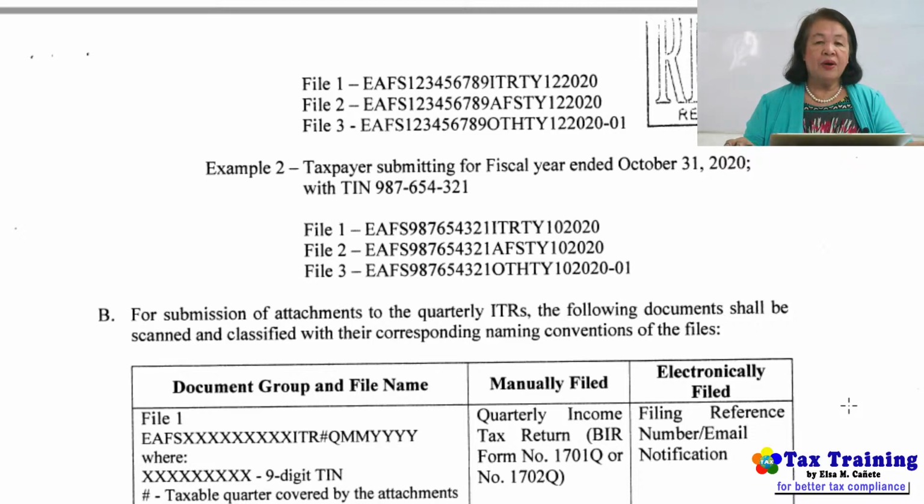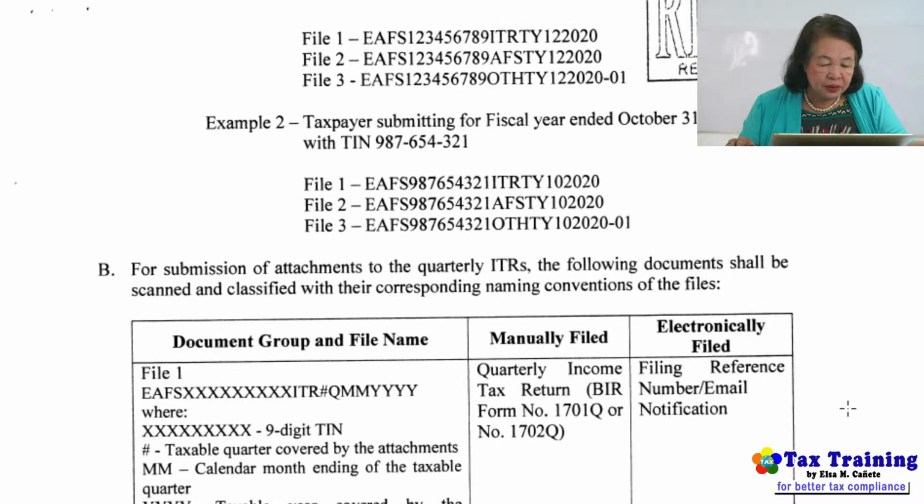If it is December 2021, you put in your file TY 12-2021. This example has 3 files, but if it is only 2306 and 2307, then there are only two files, file 1 and file 2.